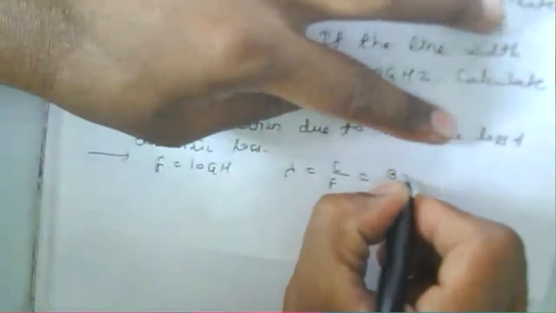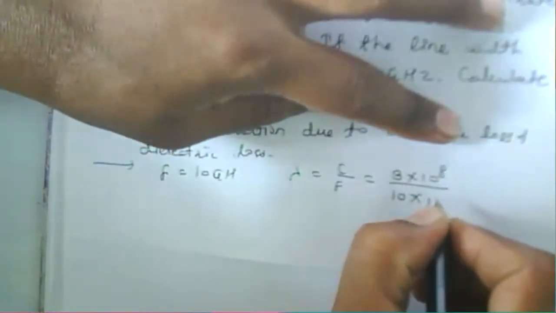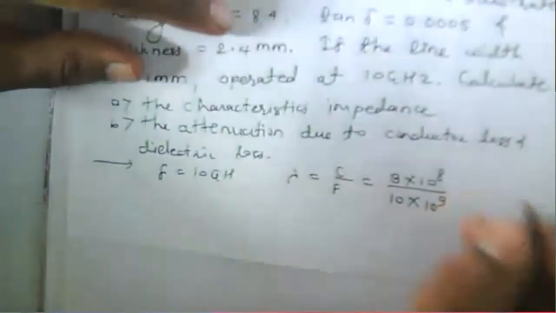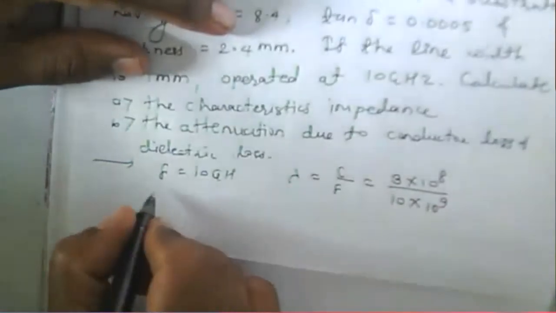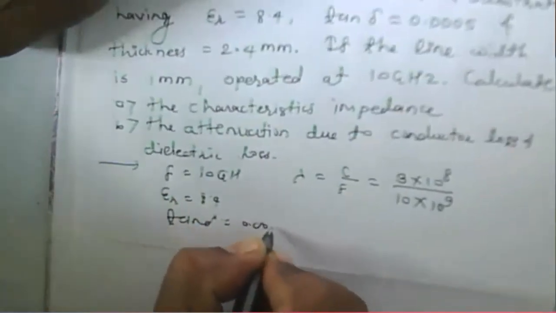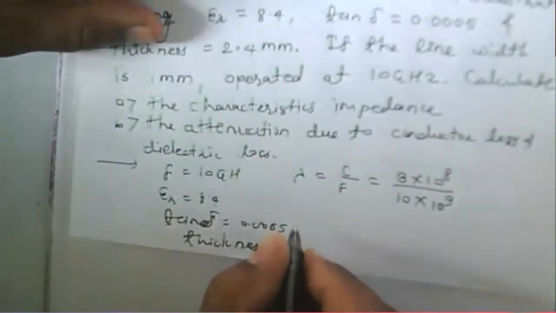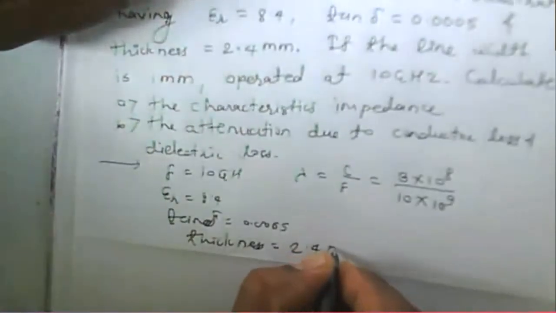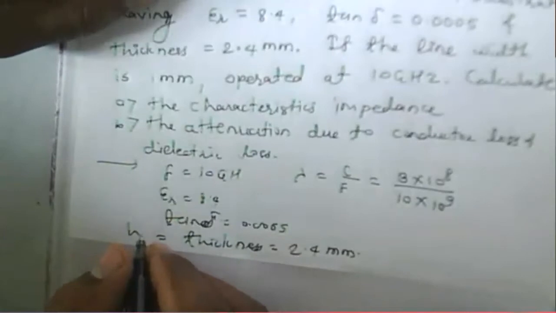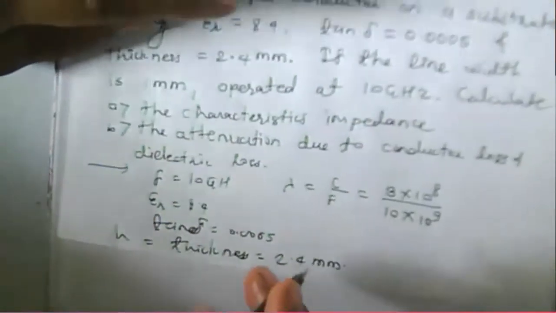So here, a fixed frequency is given, that's 10 gigahertz, and because of this frequency we can calculate lambda, which is c by f, equal to 3 into 10 power 8 divided by 10 into 10 power 9 hertz. Then epsilon r is equal to 8.4, tan delta is given as 0.005, then the thickness is given as 2.4 mm.